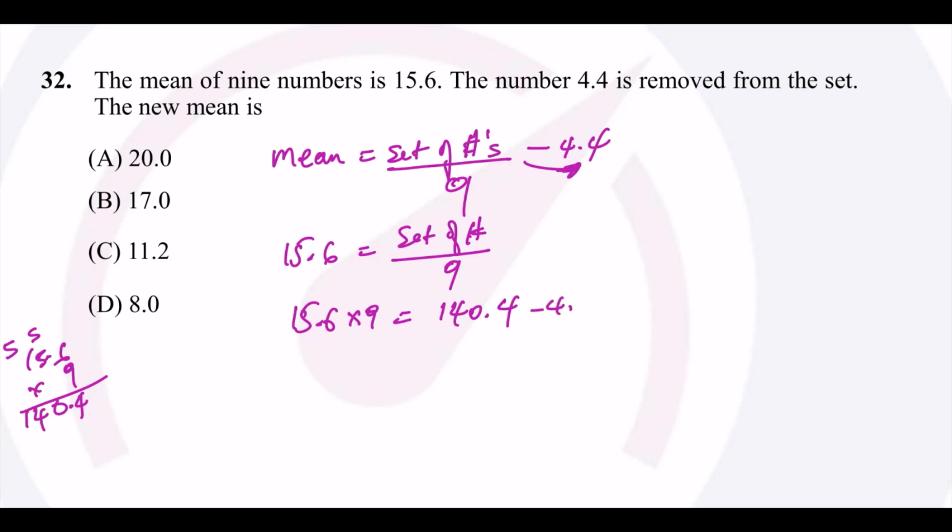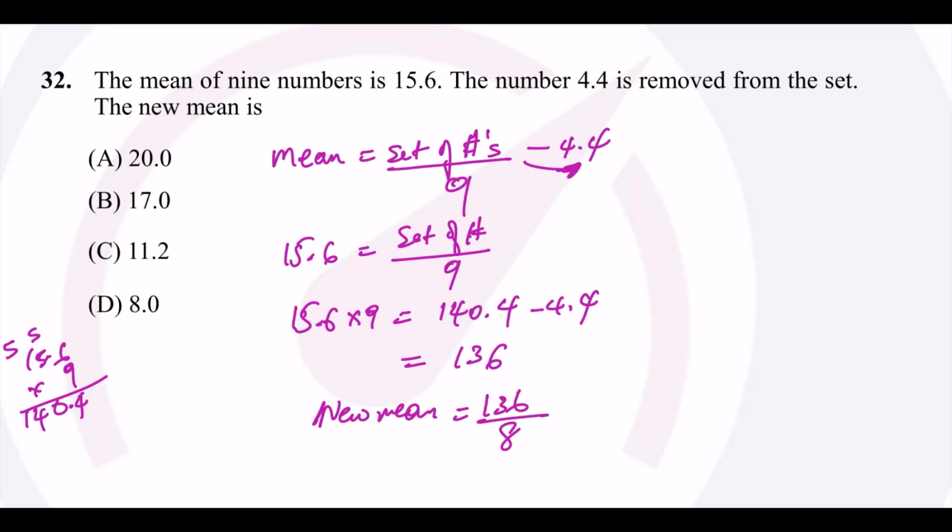Alright, and then it said out of that set of numbers we subtract 4.4, so we subtract 4.4 from that sum and we get 136. And now the new mean would be 136 over the new count, because one of the numbers came out, so it will be 9 minus 1, which is 8.